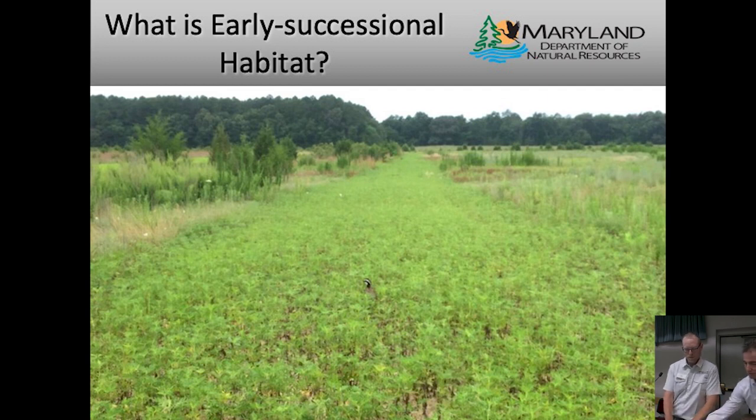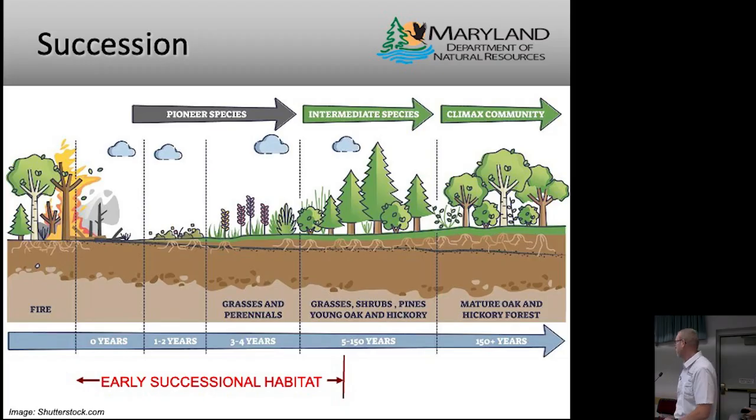Okay, so back to intro to habitat ecology. Just a diagram of succession. You've got two types of succession, primary and secondary. We're not dealing with succession from bare rock anymore, so we're looking at secondary succession, where there's some sort of disturbance, and in this case there's a fire.